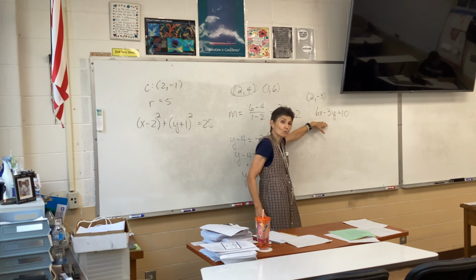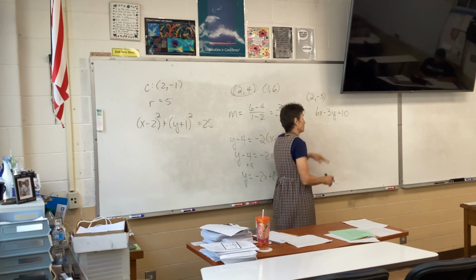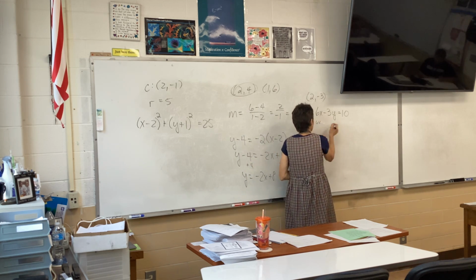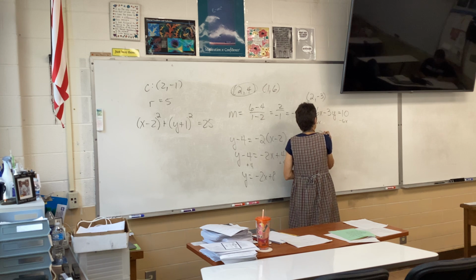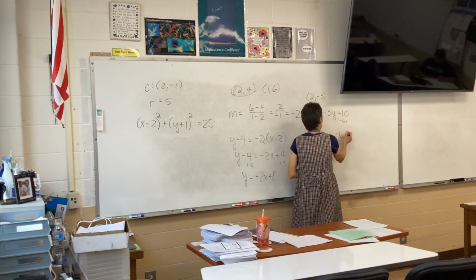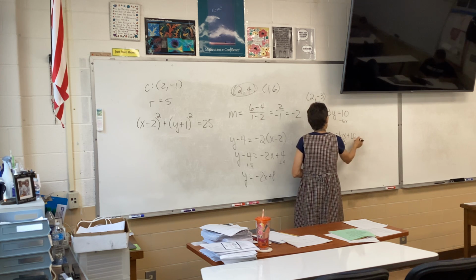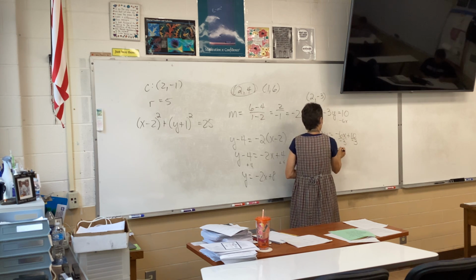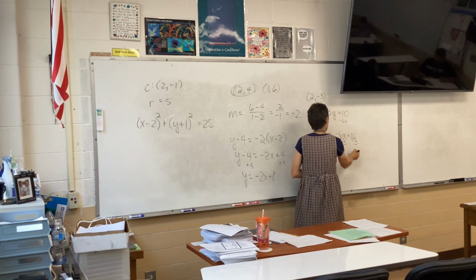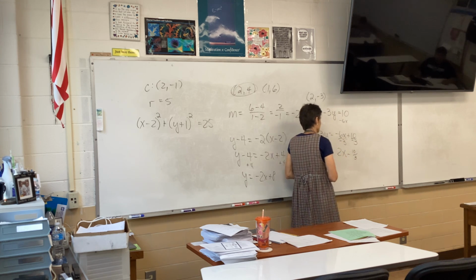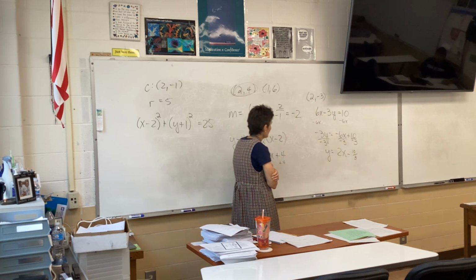And how do we get our slope? Get y by itself. So I'll subtract 6x. Divide by -3. Is this slope 2? Did I do that right?